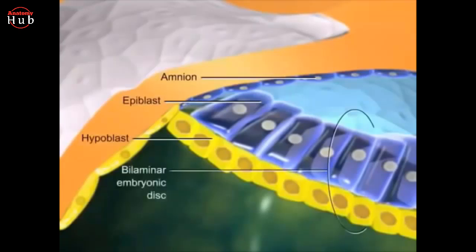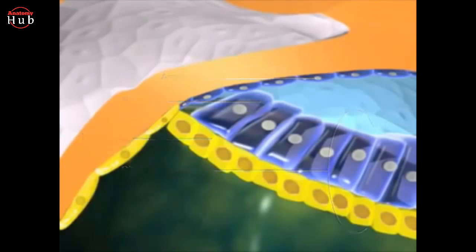The trophoblast differentiates into an inner cytotrophoblast and an outer syncytiotrophoblast. Here you'll find two cavities that develop: the amniotic cavity along the epiblastic face and the yolk sac on the hypoblastic side.